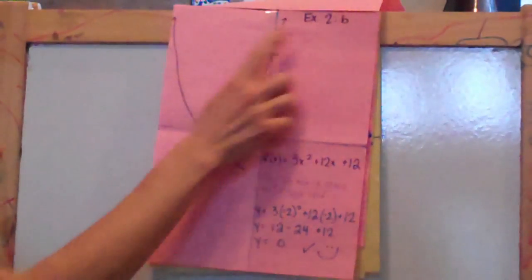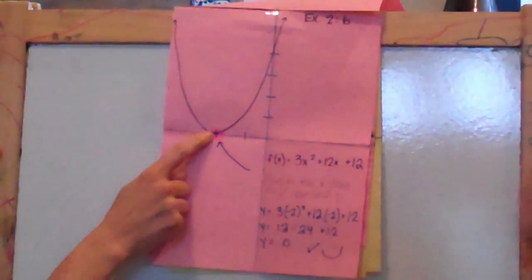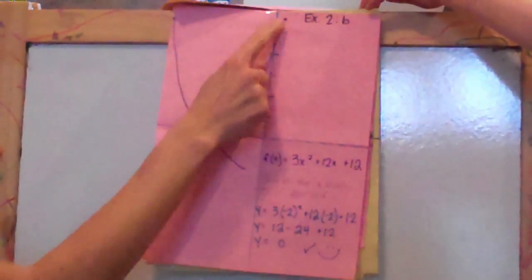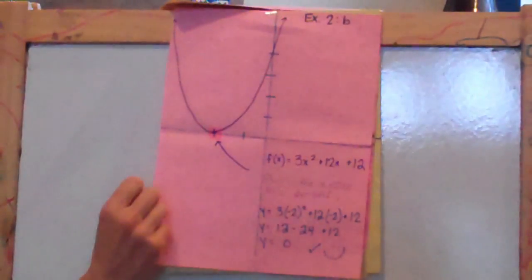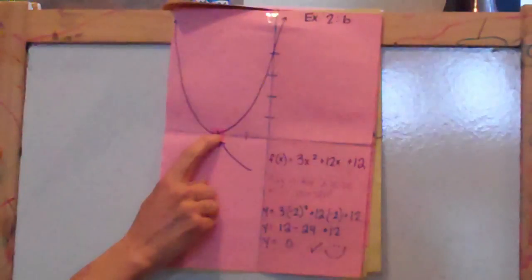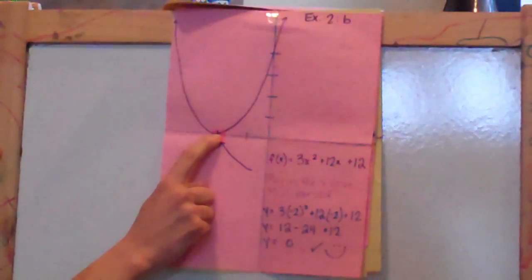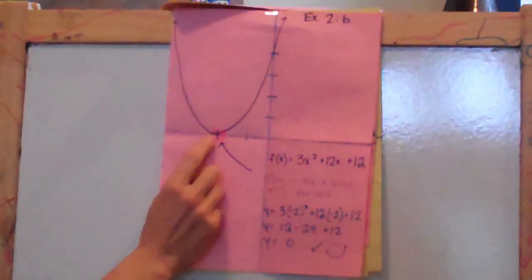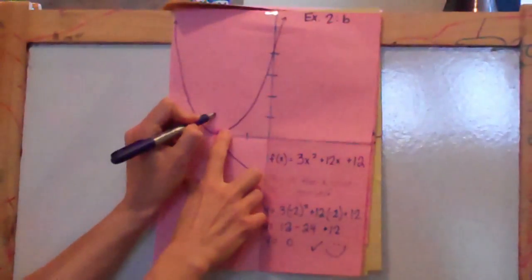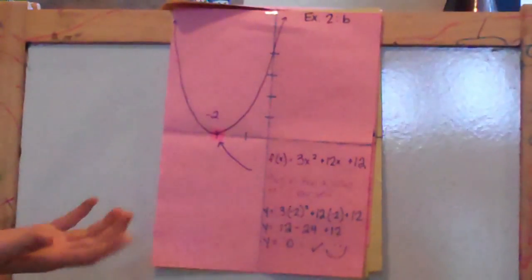Moving right along to example 2b, we have an upward facing parabola. Here is the quadratic for it that the book provides for you. We will now find our x value, and if you notice, it only hits the x-axis one time. So what point is that? 1, 2. So that hits it at -2. So I just have to do it one time.